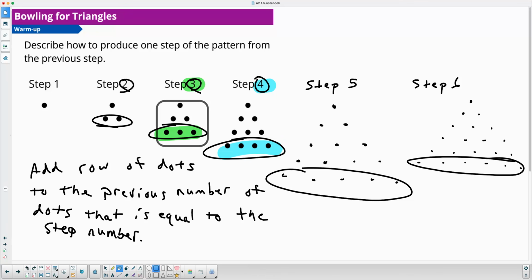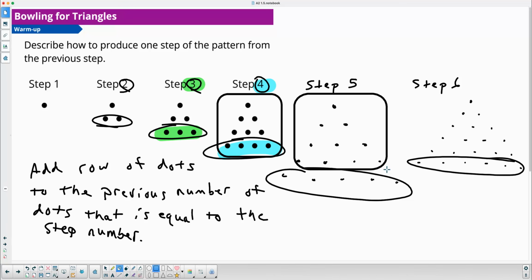If I wanted to go on to the 5th one, I take the previous number of dots and I put it right there, and then I add the step number to it. So if you look here, step 5, we had a row of 5 dots added to whatever was the previous number. So if I wanted to write that out into function notation, we'll do that here in the next activity.